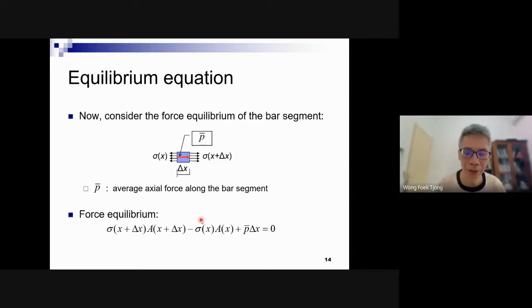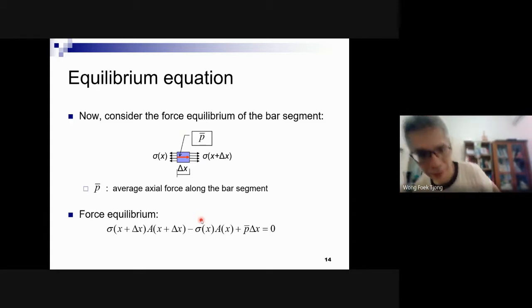Okay, the third basic principle is the equilibrium equation. Again, let's take a look at the bar segment, but this time I draw the stress at the left cross section, let's say the bar segment in the condition of tension.